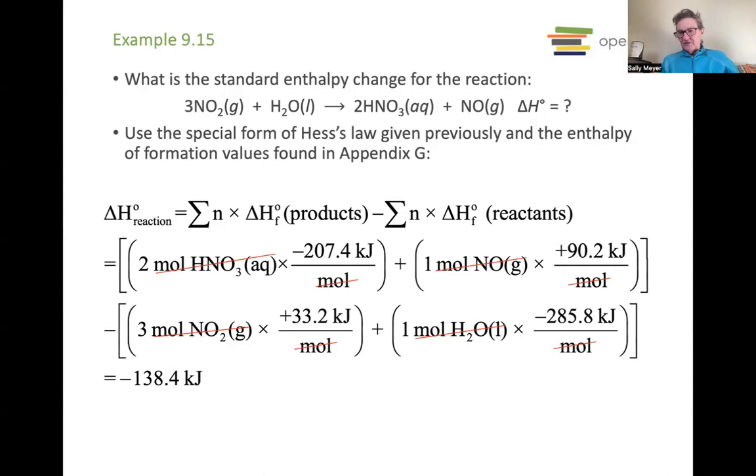Out of a table, we found that its delta H of formation is 90.2, so there's only 1 mole. Then I'm going to subtract what I get out of the table for the reactants, each of the numbers multiplied by the stoichiometric coefficient. So this delta H for this reaction should be negative 138.4 kilojoules. I don't have to go into the lab and measure that because I already have measured values that I can relate together through Hess's law.